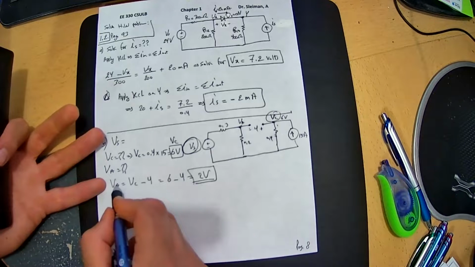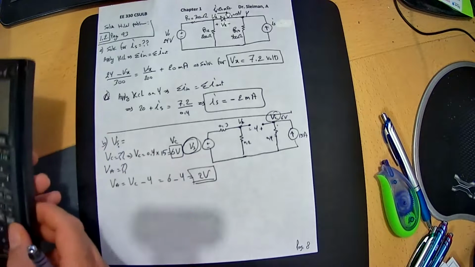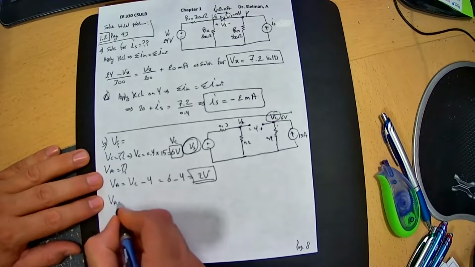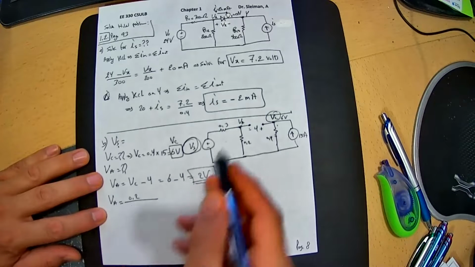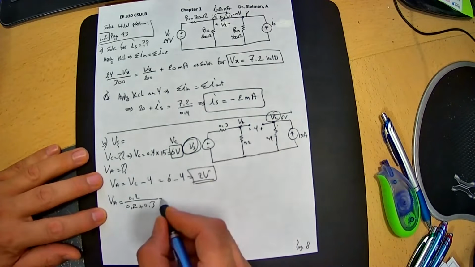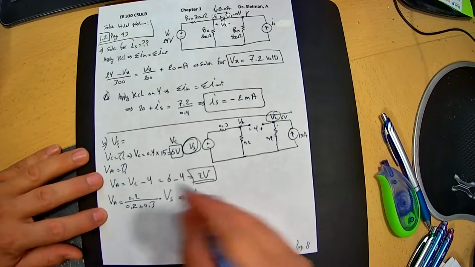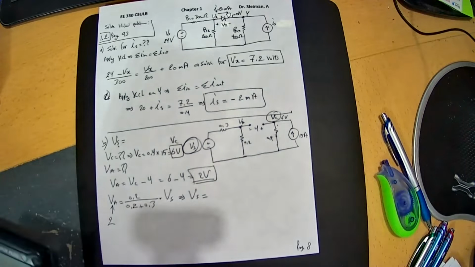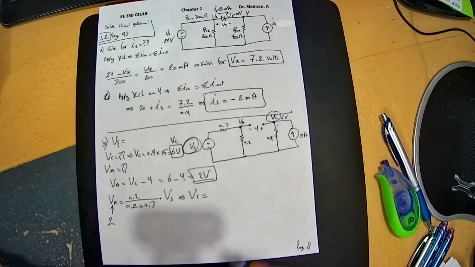Now I have VC and VA, I can get VS. Using a voltage divider, if you still remember from 211, VA is equal to the resistor 0.2, divided by 0.2 plus 0.3, multiplied with VS. Solving for VS by reversing the whole thing, the value of VA is 2, so VS is 5 volts.